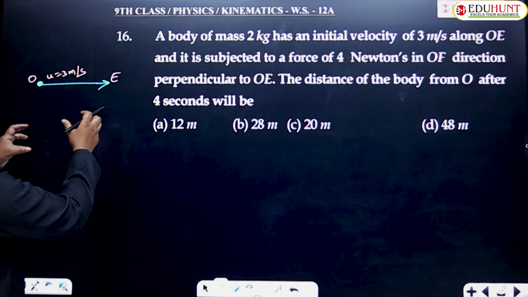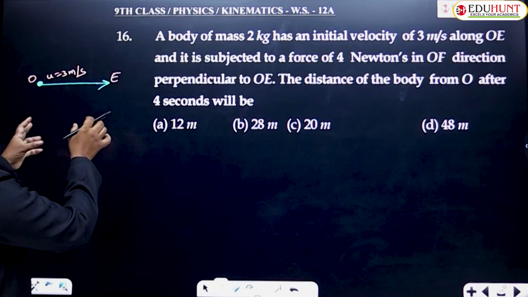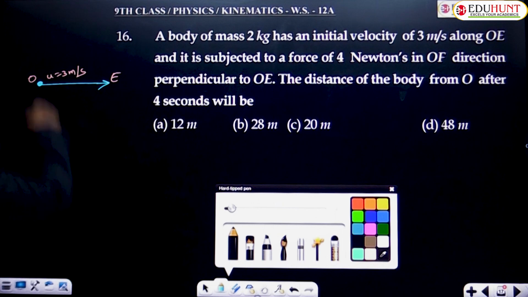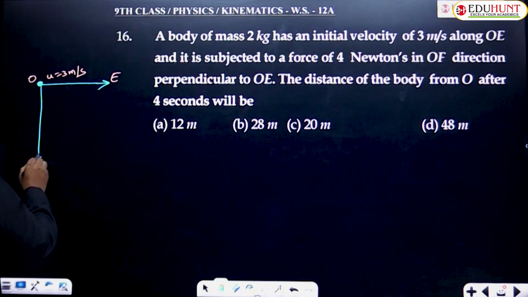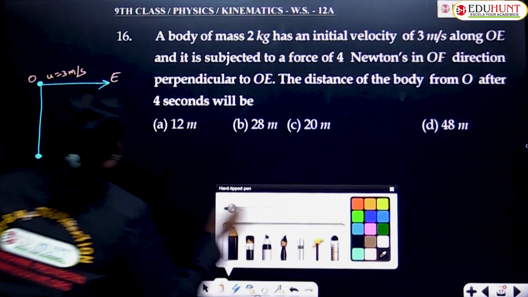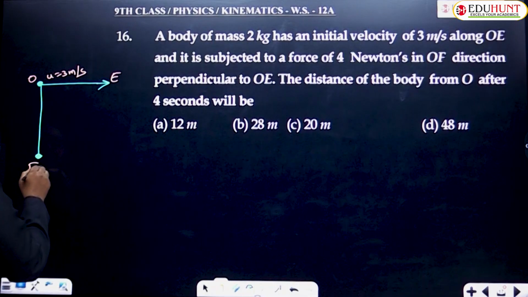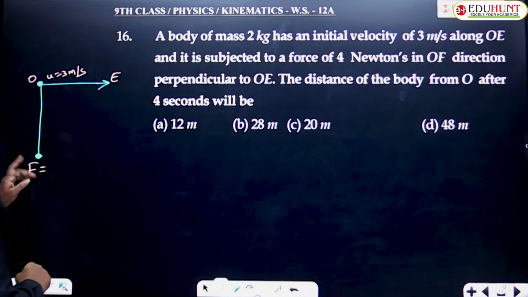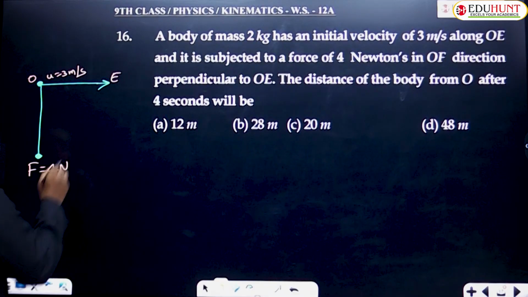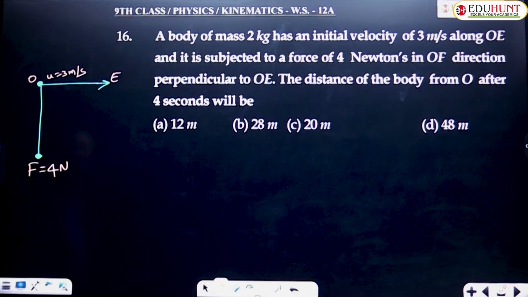How much force? 4 newtons in the direction of OF, perpendicular. So perpendicular means in some direction, either upward or downwards. Let us take it as downward condition. So this is given as OF. And along OF only, some force is acting. How much newtons, children? That is 4 Newton force is acting. The distance of the body from O after 4 seconds is.